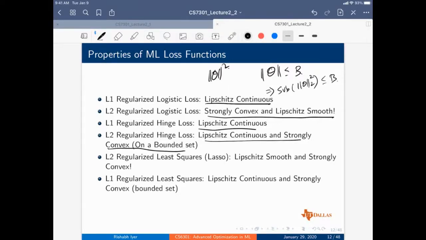In many of the convergence bounds that we'll see, it is standard to assume that the parameters are bounded. This boundedness is required for conditions like Lipschitz continuity, which is useful in showing a convergence bound. So it's not specific to the algorithm.